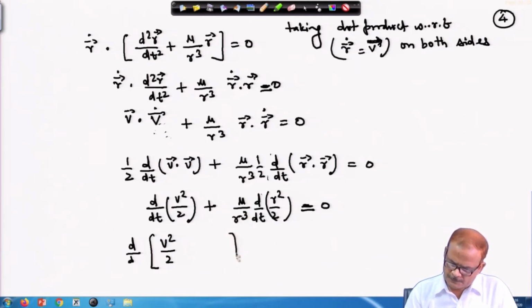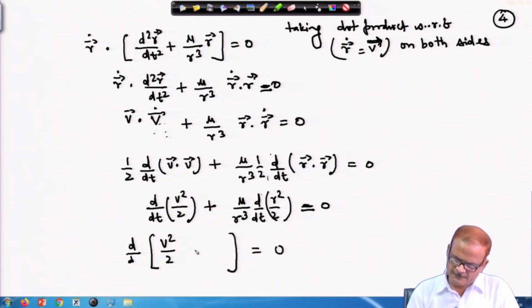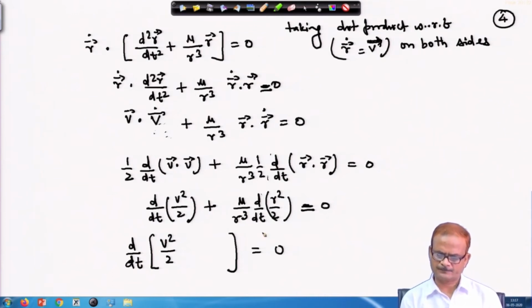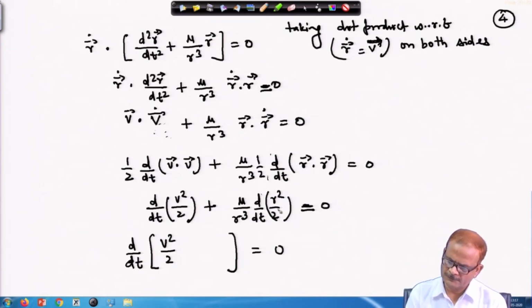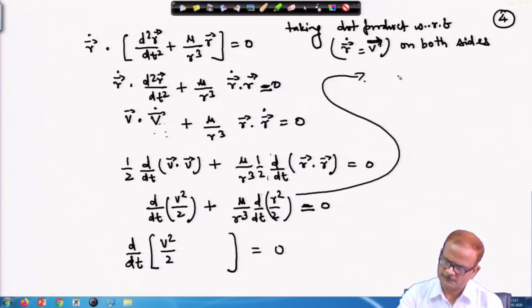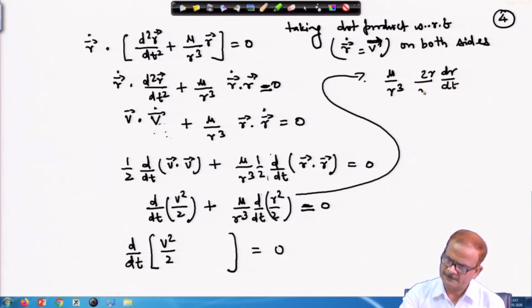So, can we bring this term together like this? If you look into this term, this is mu by r cube and this gets reduced to 2 r dr by dt divided by 2.